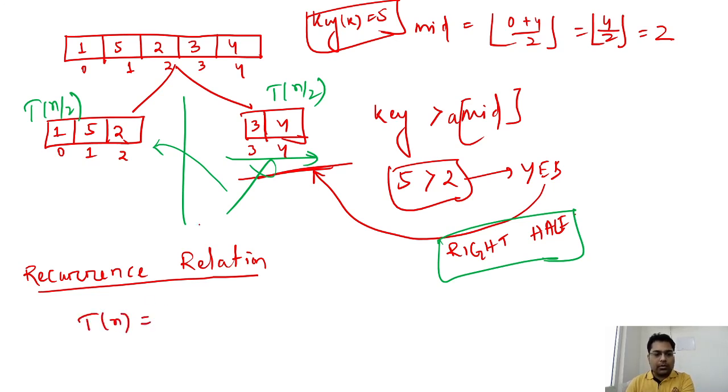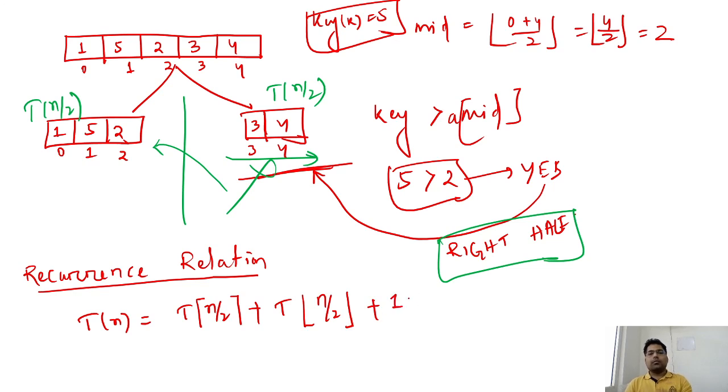In that case, the bigger problem will be focused on the first half, T of n by 2 from this side, and T of n by 2 in this way.